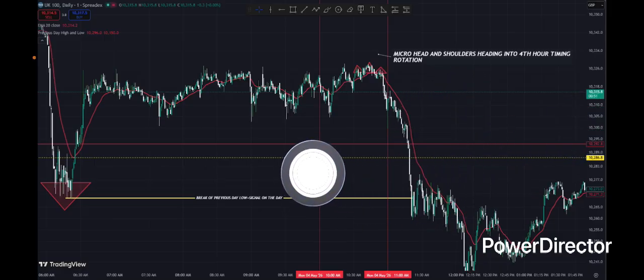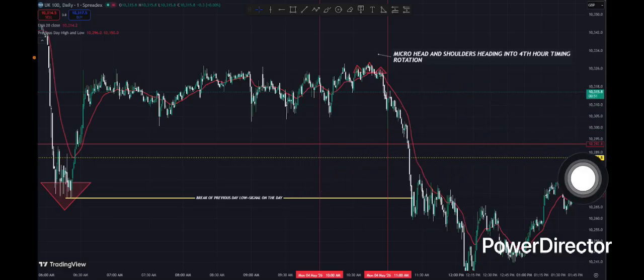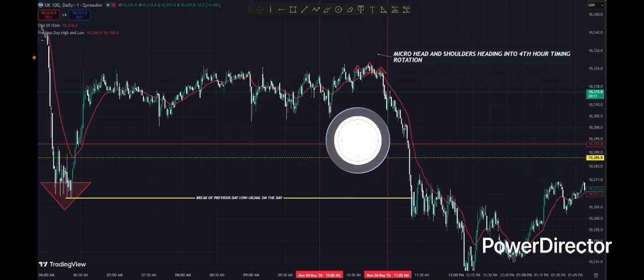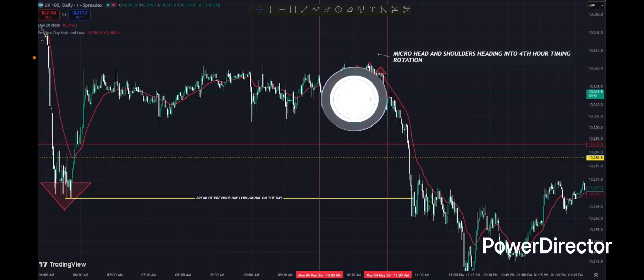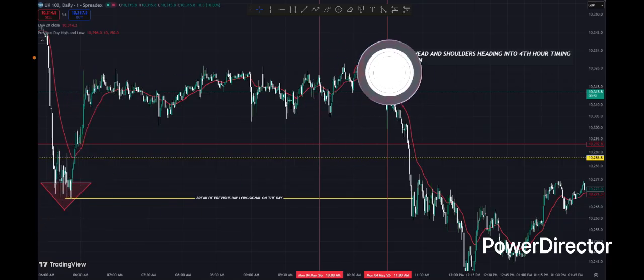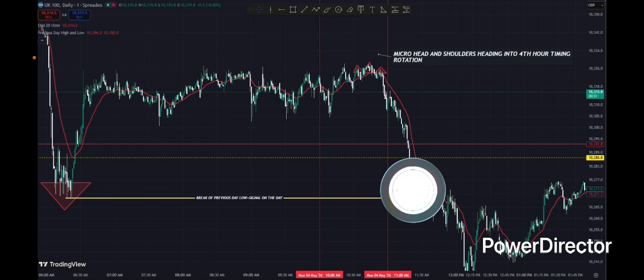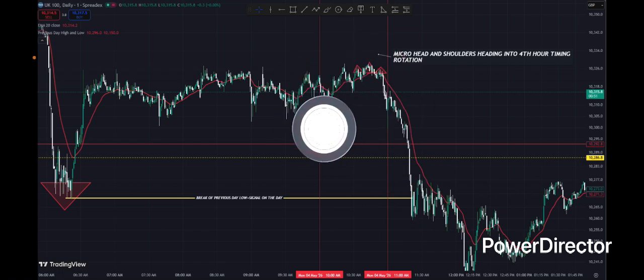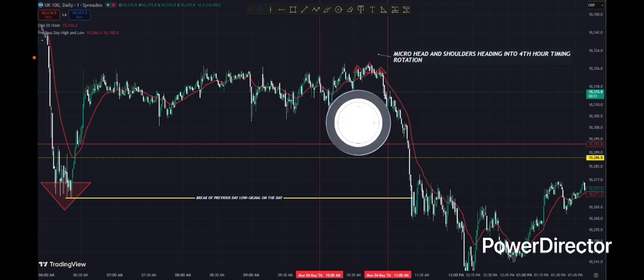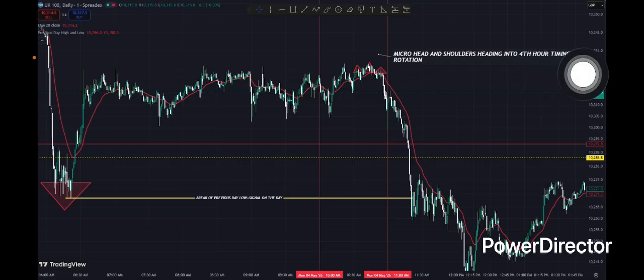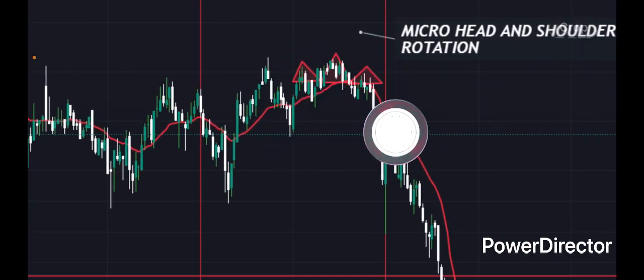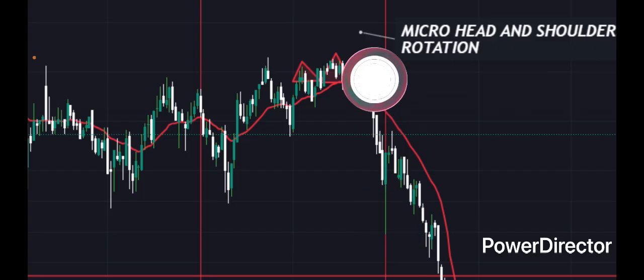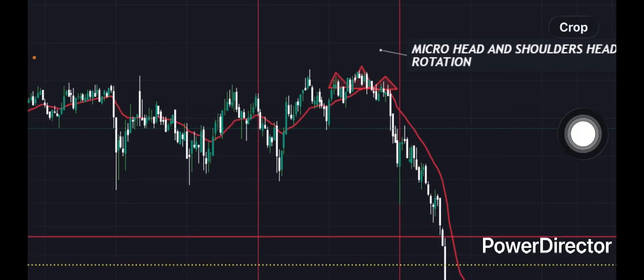And here's a better look at it. Here's from 10 a.m. to 11 a.m. We're using the timing rotations and all of that good stuff. And you can see we have sort of a micro master pattern right here on this 1 minute chart. We have this large pattern happening, this large template, and then this micro template right here where we put in this low, pump up, and you can see this little micro head and shoulders reversal pattern here before we start to break down.